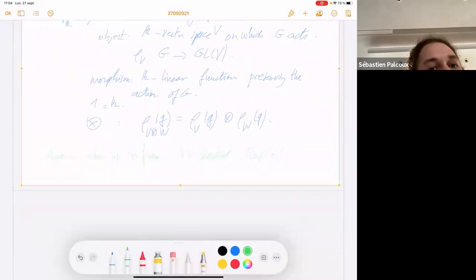So tomorrow we will explain Vec G and Vec G omega, where we will explain in detail the associativity constraint. Okay, it's finished.